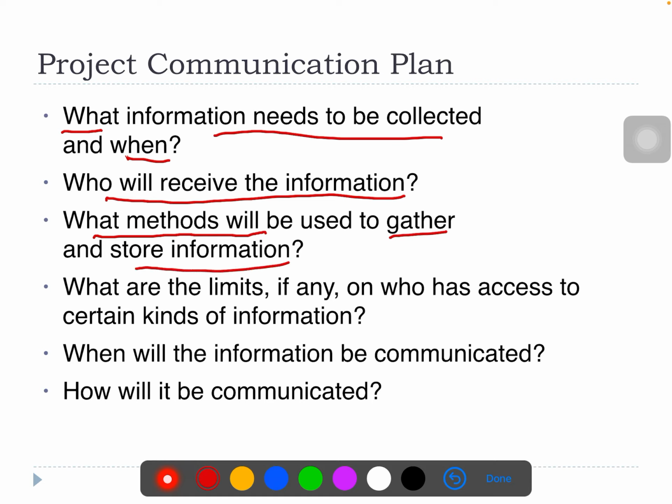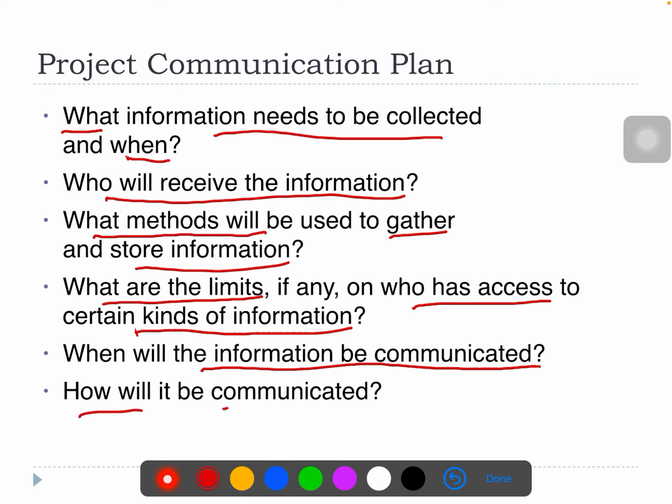It will also help you to find the limits and define who has access to certain kinds of information. And then it will tell when the information will be communicated and how it will be communicated.